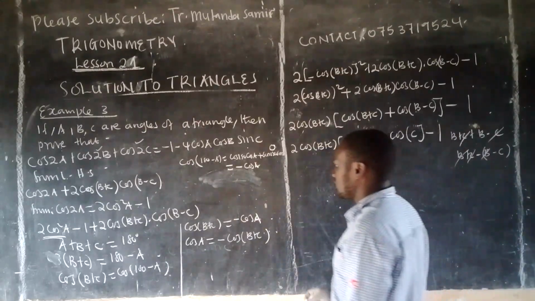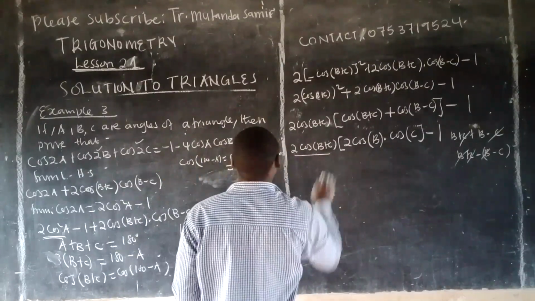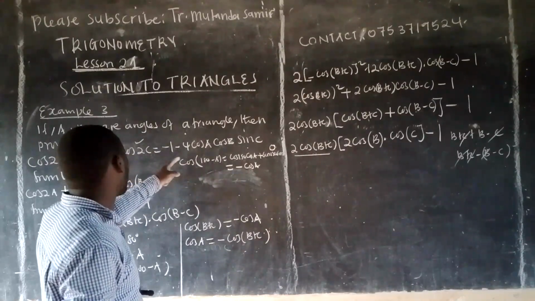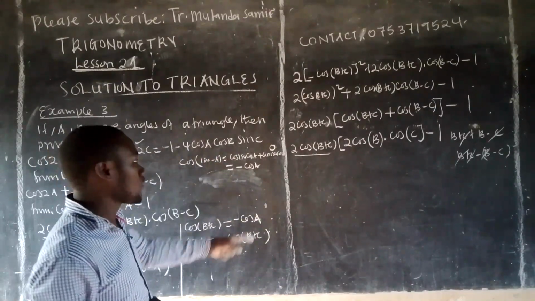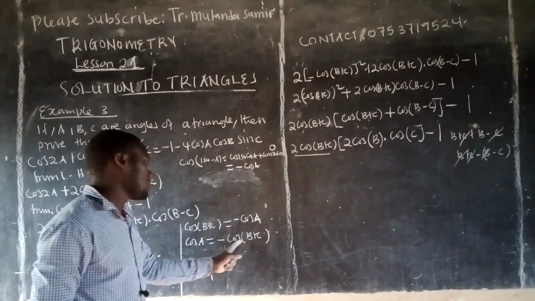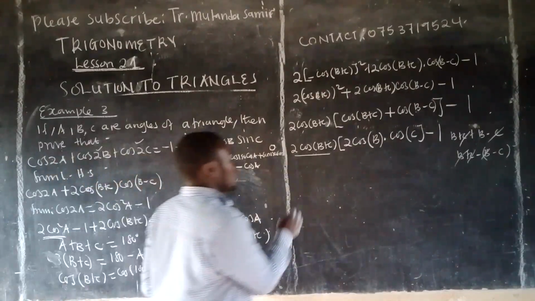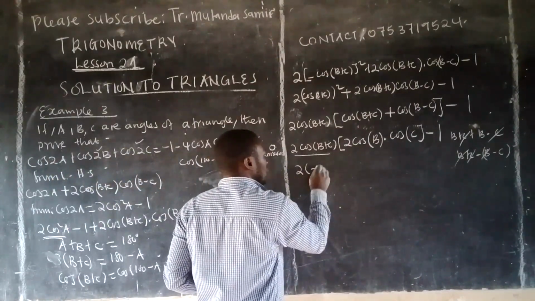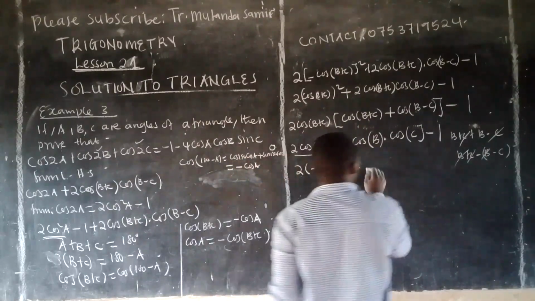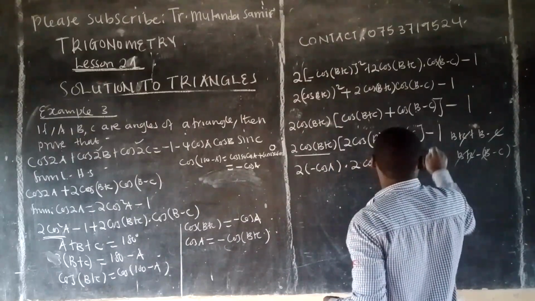Now since we are going to conclude, our answer doesn't have b plus c. So what we're going to do, let's bring back cos b plus c; you can put negative cos a. So this will be 2 into negative cos a dot 2 cos b cos c minus 1.